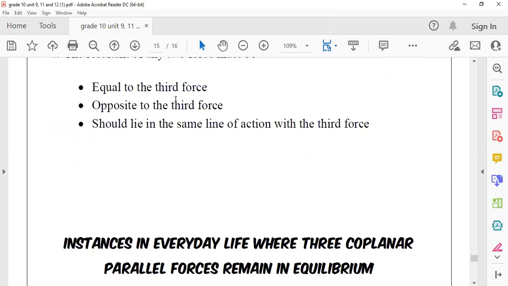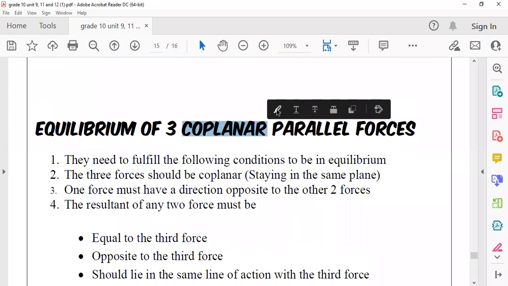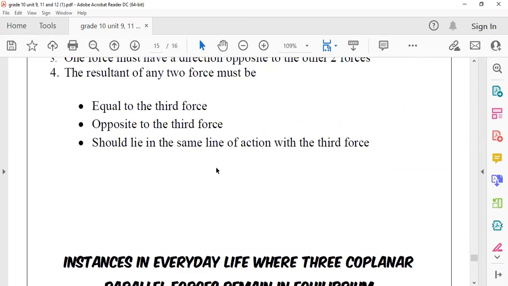Coplanar parallel forces. What is the condition? It should be coplanar, acting on the same plane. And what kind of forces? Parallel forces.